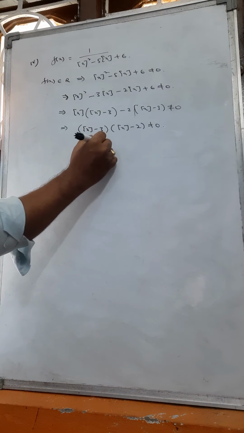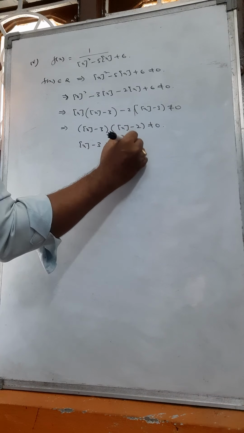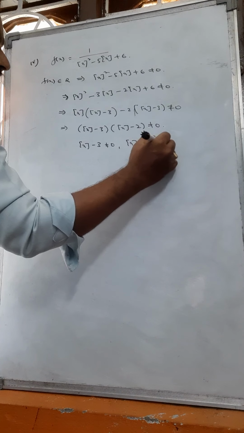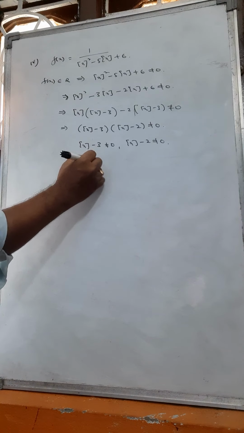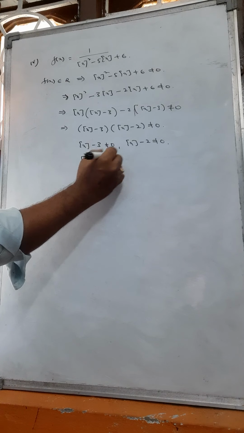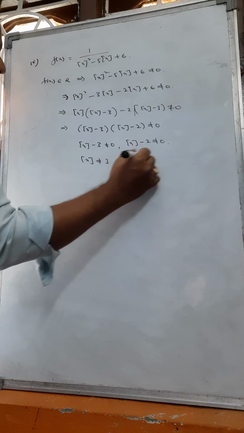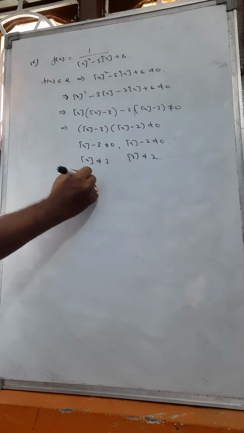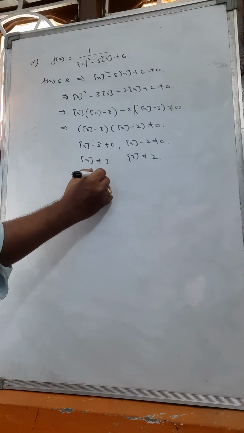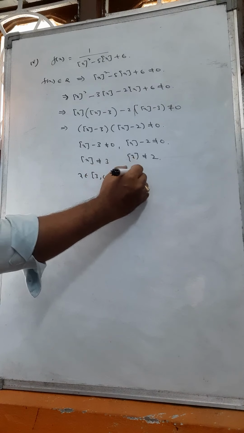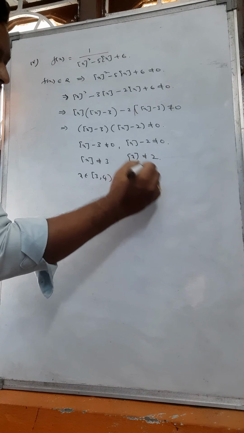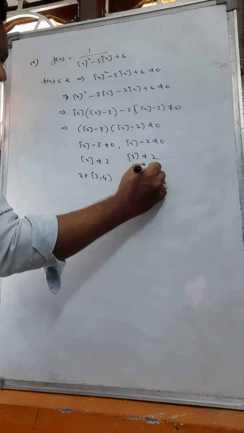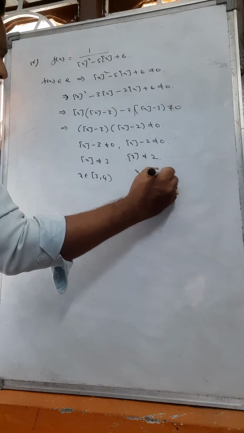So [x] - 3 is not equal to 0 and [x] - 2 is not equal to 0. [x] is not equal to 3 and [x] is not equal to 2. [x] is not equal to 3 means x does not belong to [3, 4), and x does not belong to [2, 3).